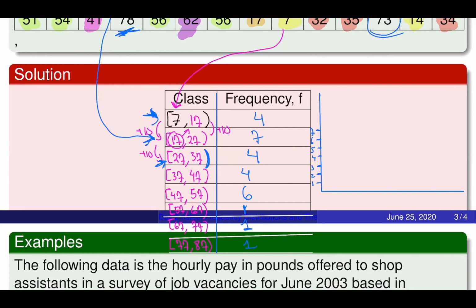All right. Now if you look at the horizontal axis, which is just the straight line at the bottom, that's where you're gonna put your class. We start off at 7 and we wanna go all the way up to 87.